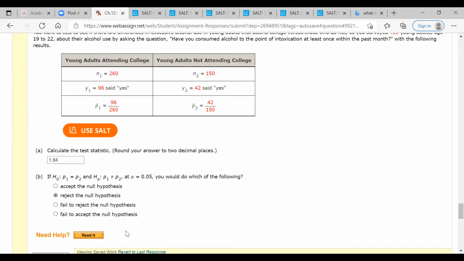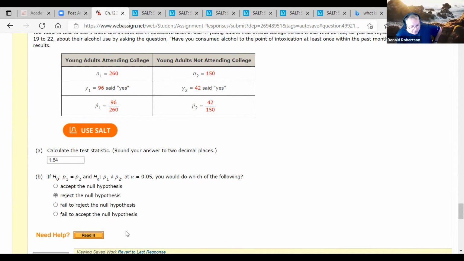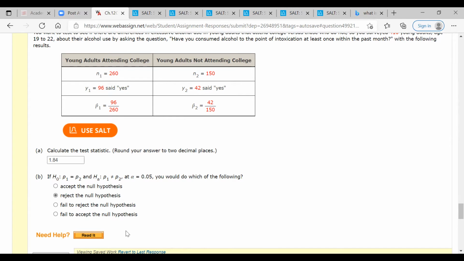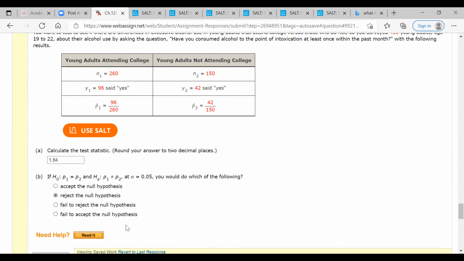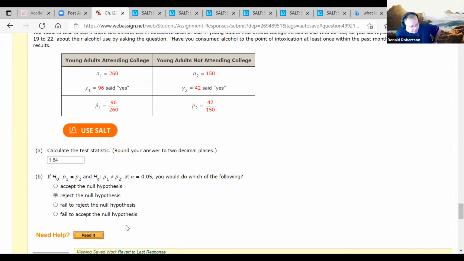Is your 0.0655 less than alpha 0.05? So is 0.06 less than 0.05? Wouldn't that be more? And because it's more, you fail to reject the null hypothesis.